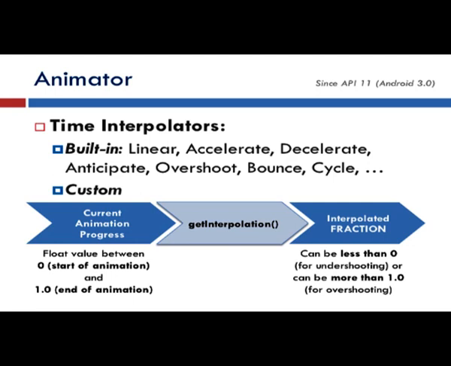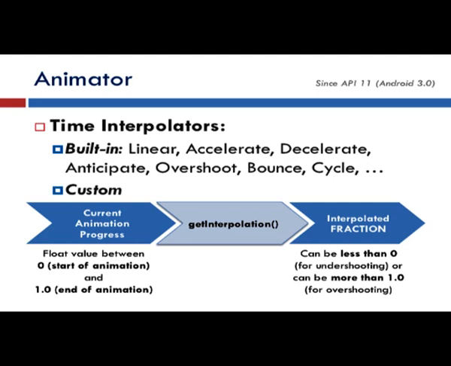So in the time interpolator, let's see it in detail. There are some time interpolators built into the Android system. For example, there is a linear time interpolator, accelerate, decelerate, anticipate and overshoot. There is a bounce time interpolator, there is a cycle.